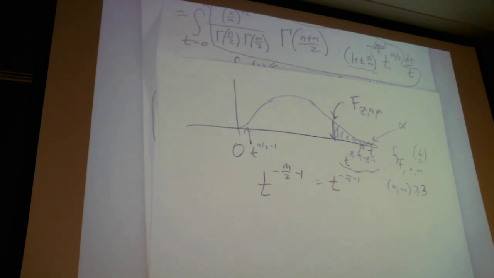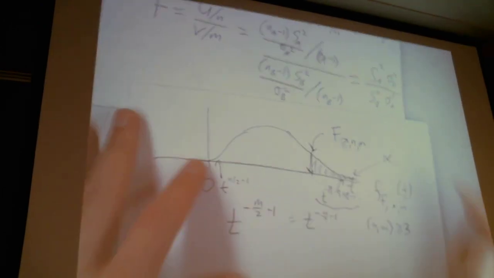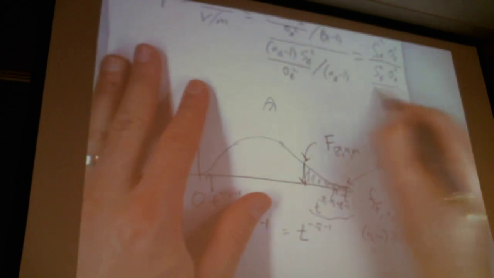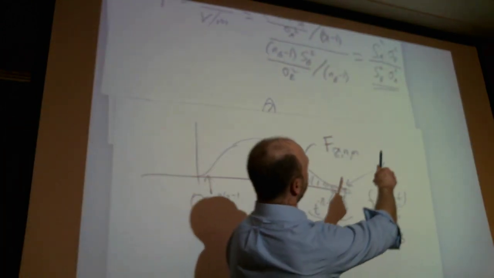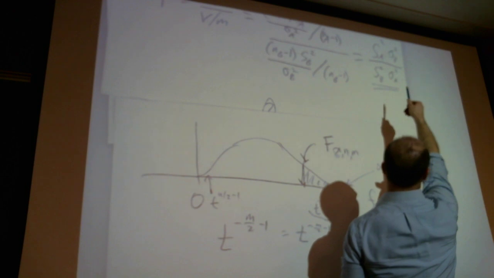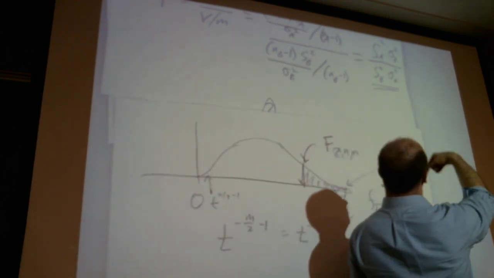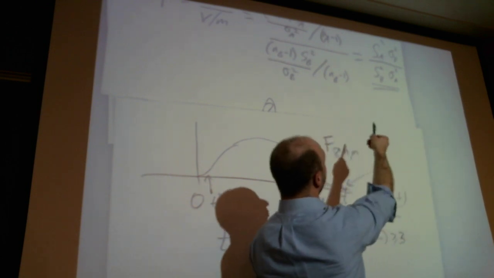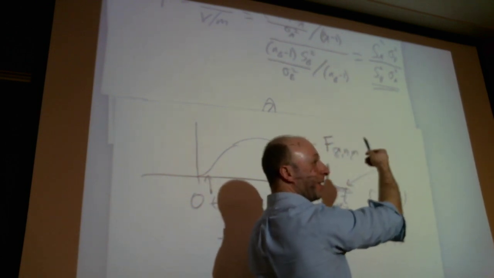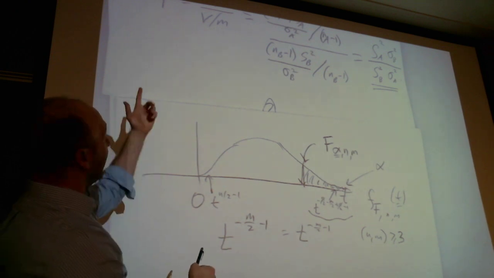How are we going to use this distribution for testing, for intervals? For confidence intervals. This ratio: we want to know the ratio of sigma squared A to sigma squared B. We can compute directly from the data the ratio of SA squared to SB squared, and we know what that is.